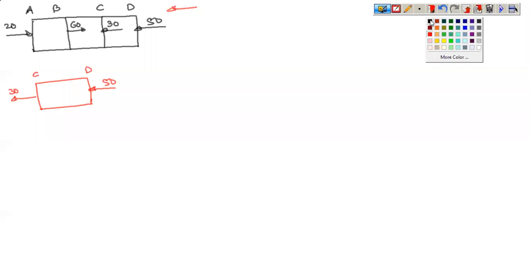Okay, so let us take the same case. Now in this problem, we'll be solving the problem from right to left. So for solving the problem right to left, let us isolate CD. So this is CD. This is 50 here. And this is 30 here. When you are solving the problem from right to left, this is your reference and this is your manipulator.